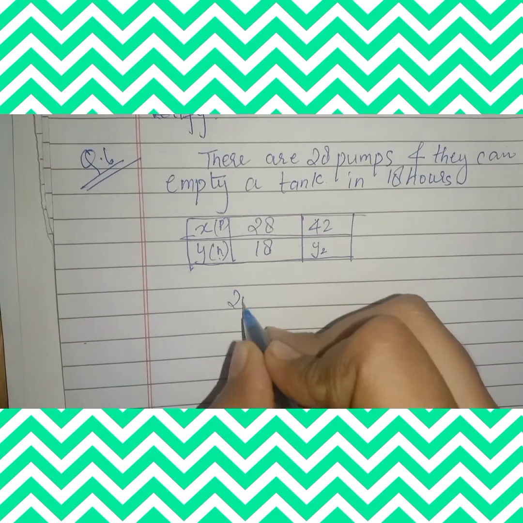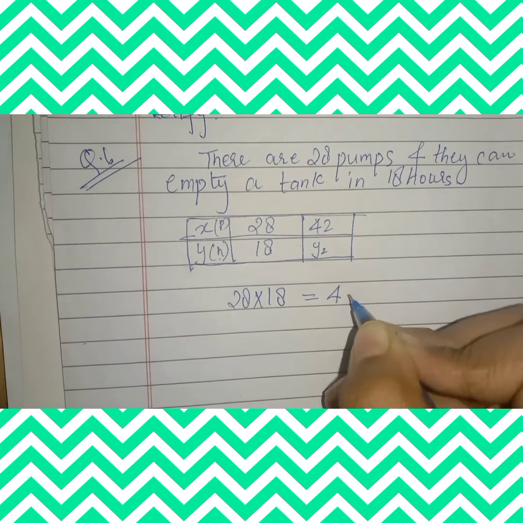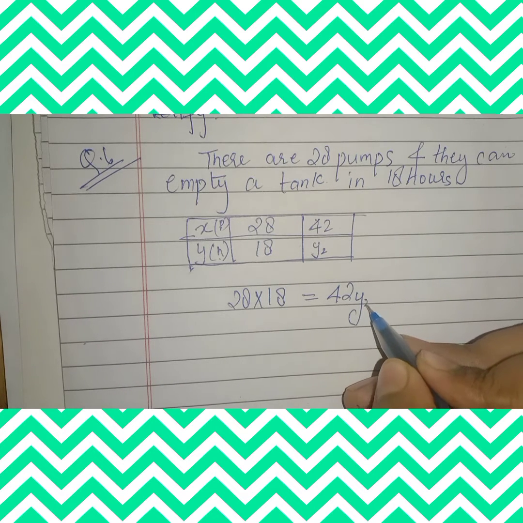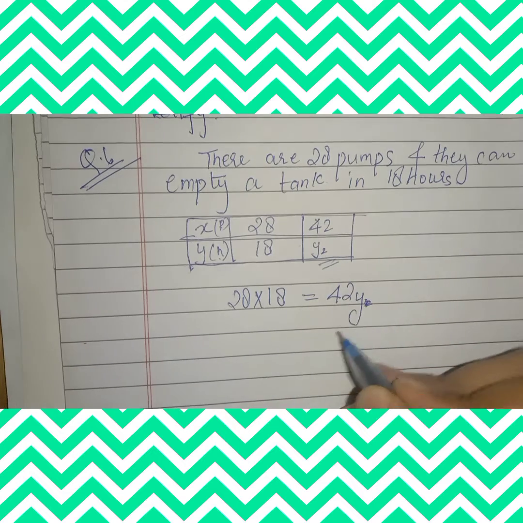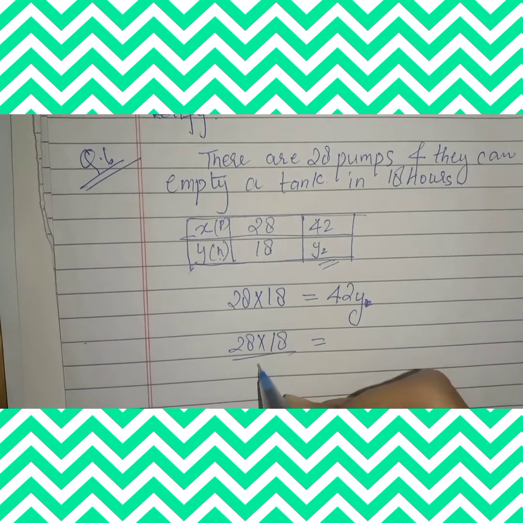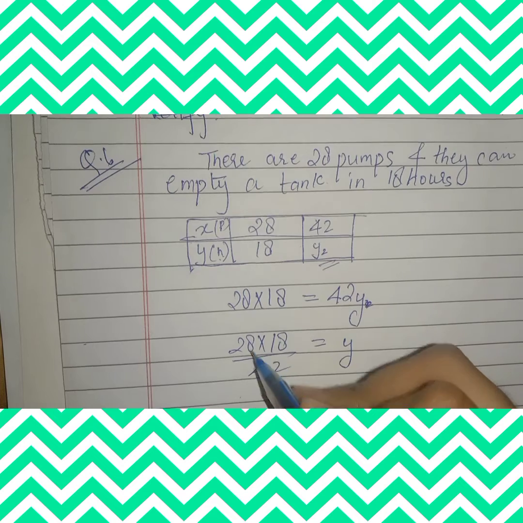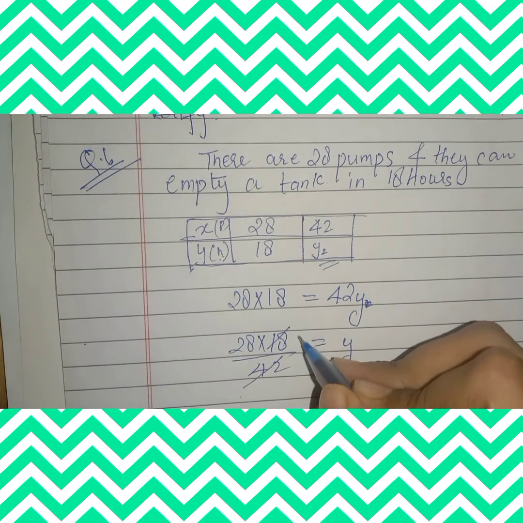The formula for this is 28 into 18 equal to 42y. I'm not writing 2 here because it's a variable only. Now 28 and 42, it can be easier to solve if we cut it down.